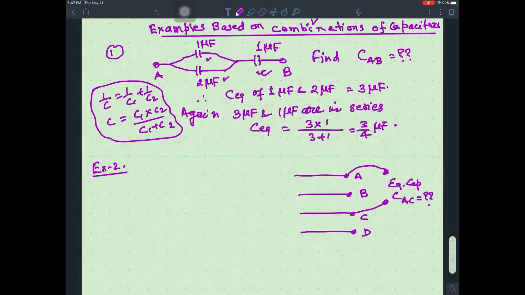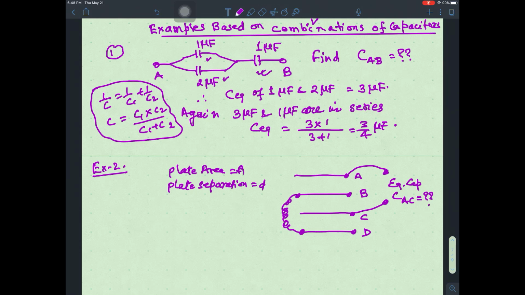Here it is given that plate area is A and plate separation is D. And one more thing is given in this question, that this plate is connected by a wire with this plate.